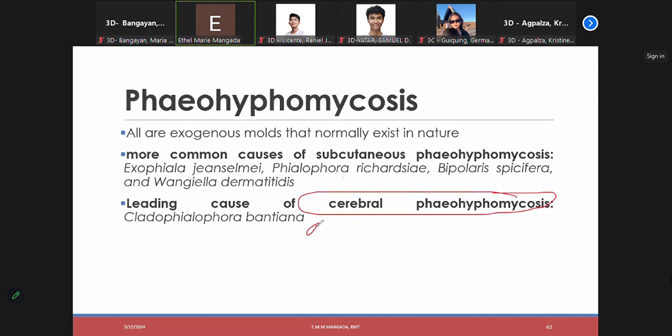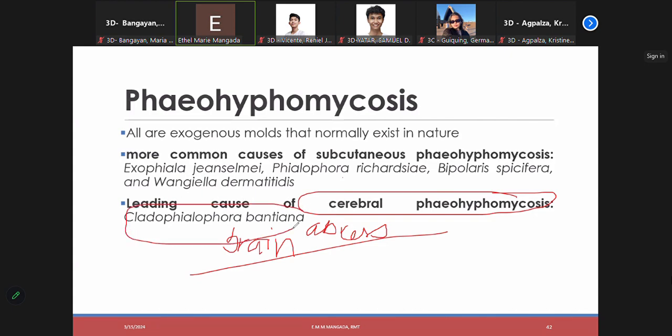Sabi natin last time, di ba? Dematiaceous fungi na nagkukos ng brain abscess. Okay? It's your Cladophialophora bantiana. So do not forget about this. The dematiaceous fungi that cause now cerebral abscess or brain abscess or cerebral phaeohyphomycosis, it's your Cladophialophora bantiana.